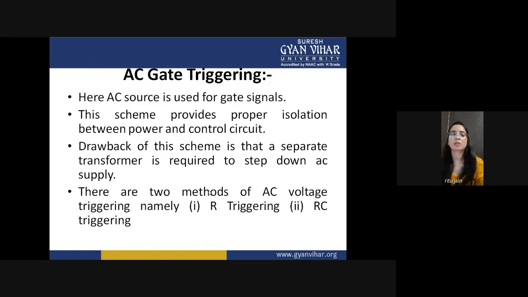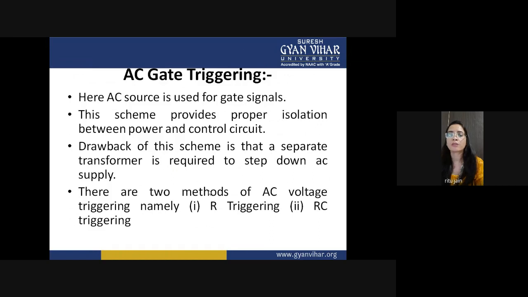That's why this method is widely used. But in DC gate triggering, you have seen that there was no isolation between the power and control circuits, so it is not as useful as AC gate triggering.